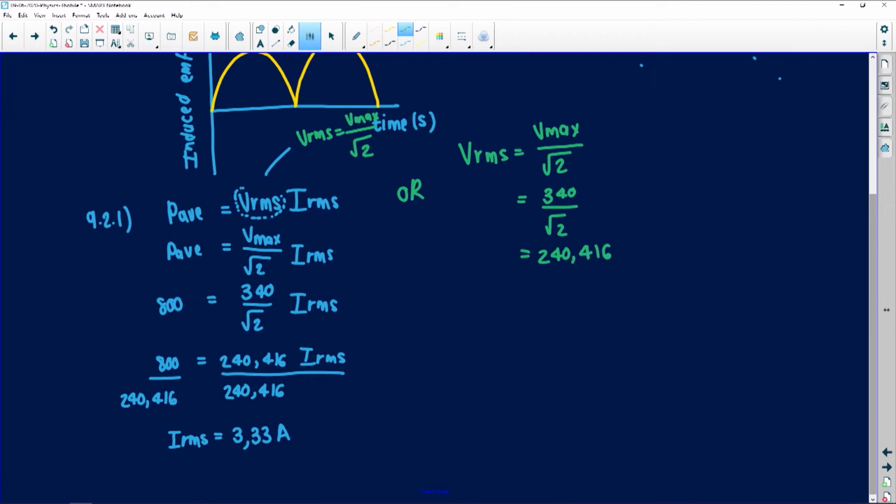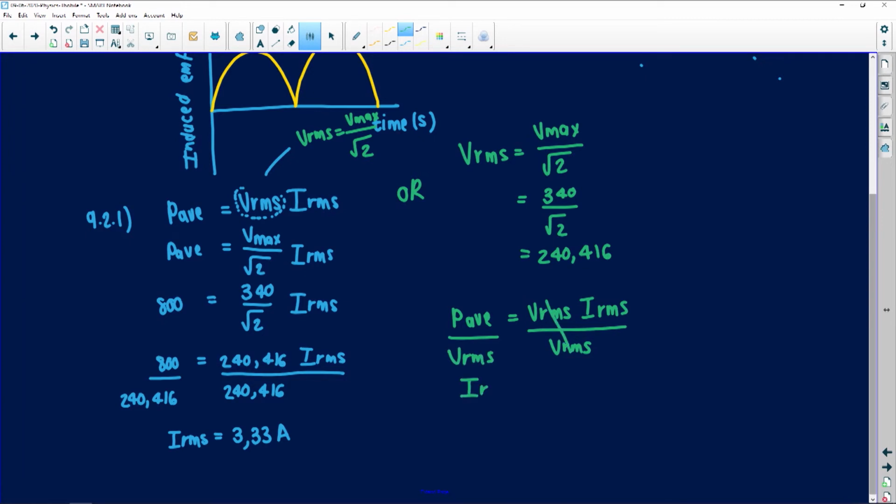That gave us 240.416. Now that I've got my VRMS for my toaster, I can say the average power required by my toaster is related to the root mean square voltage and my current IRMS. So let me make I the subject of the formula. I'm going to divide both sides by VRMS, and this and this will cancel.